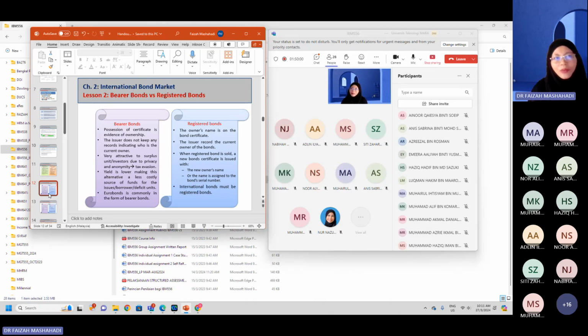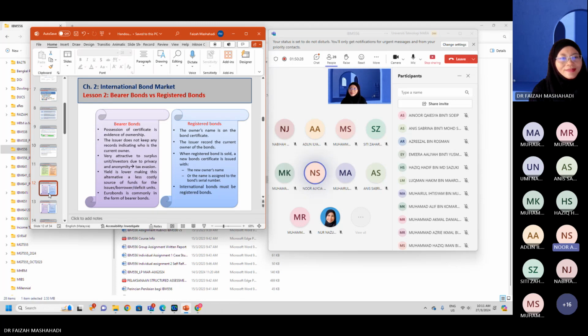But bearer bond, there's no requirement to observe all these strict rules and regulations. So we have two types of bonds, international bonds and Euro bonds. Which one is under registered bond, and which one is under bearer bond?